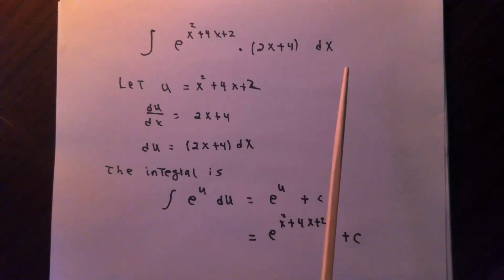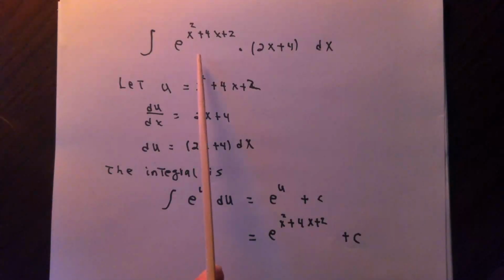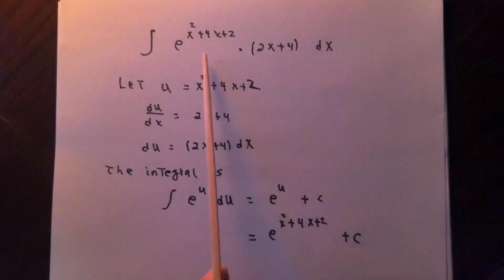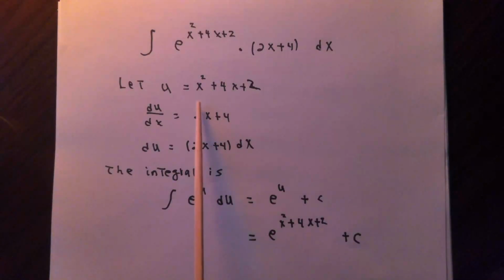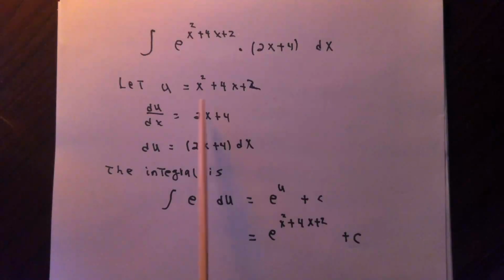The rest of my integral is e raised to a certain power, e raised to the u power to be exact. The integral is the integral of e to the u du, which is on our list of formulas. This is e to the u plus a constant of integration. Then I recall that u is x squared plus 4x plus 2 to obtain my answer.